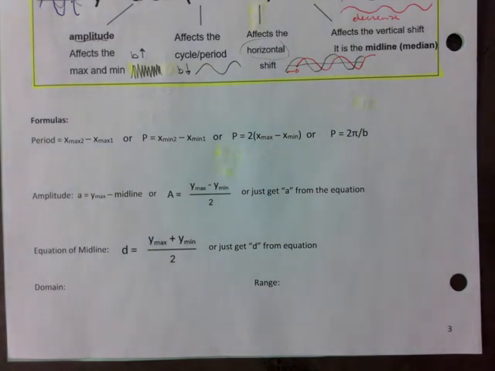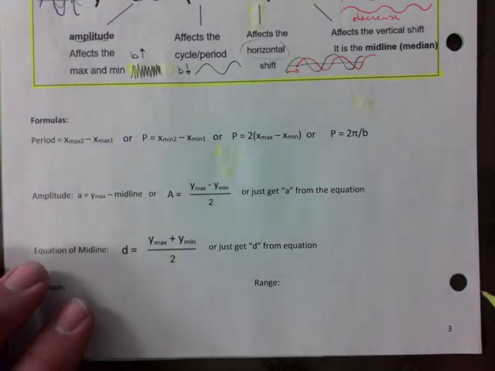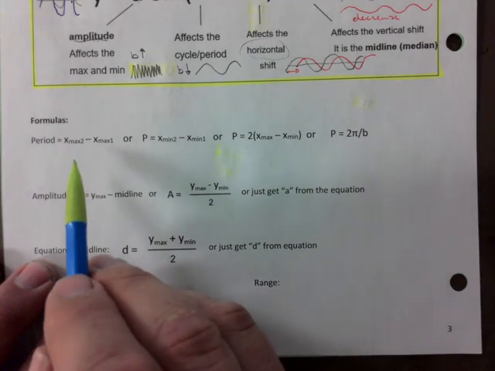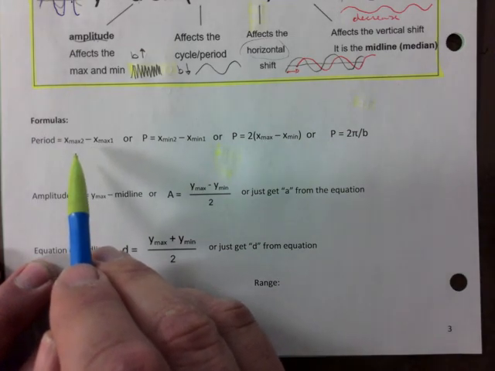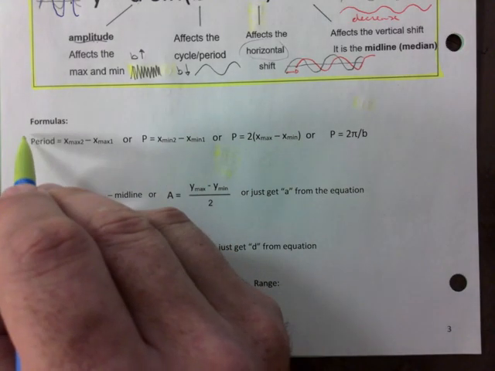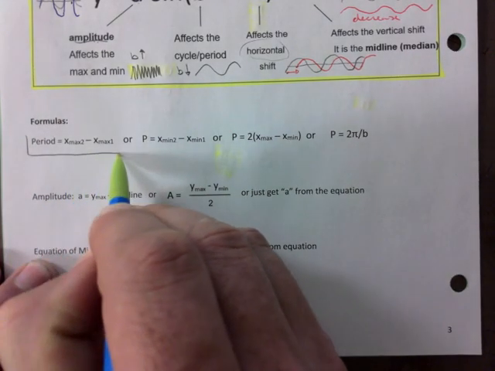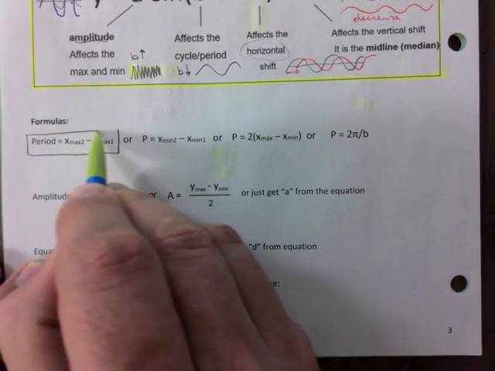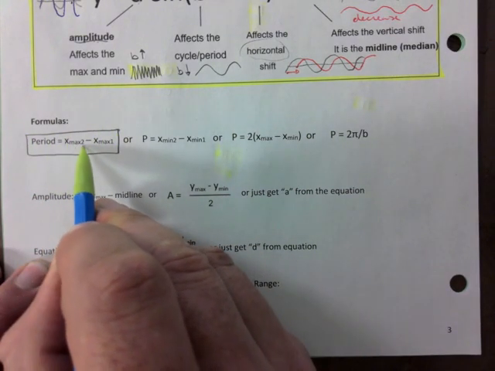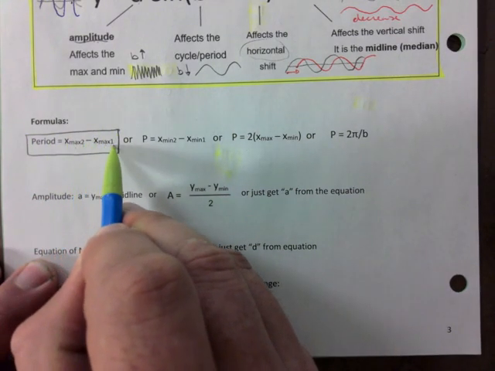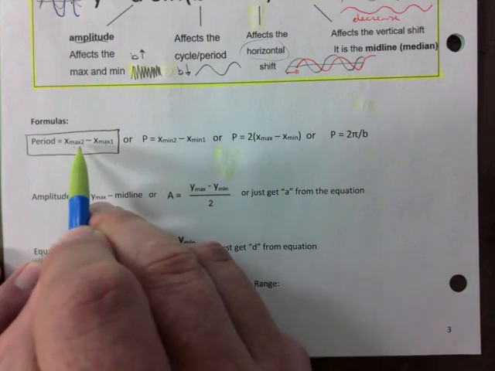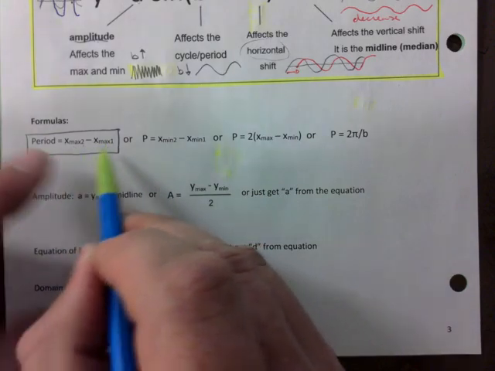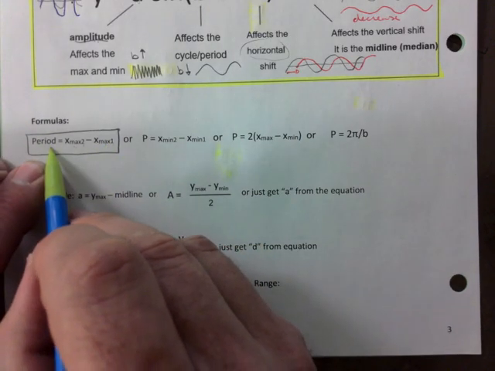Okay. Here are some formulas that you should know. For the period, I want you to box this one, and this one is important: X max 2 minus X max 1. You're going to figure out there's going to be two X values for the two highest points, and when you subtract them, you get your period.